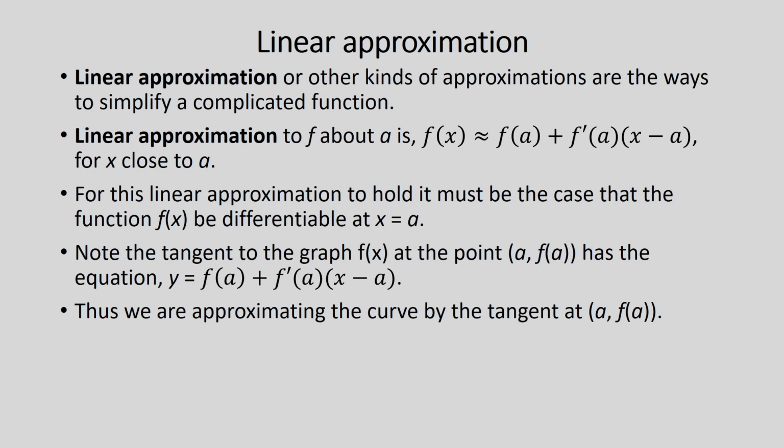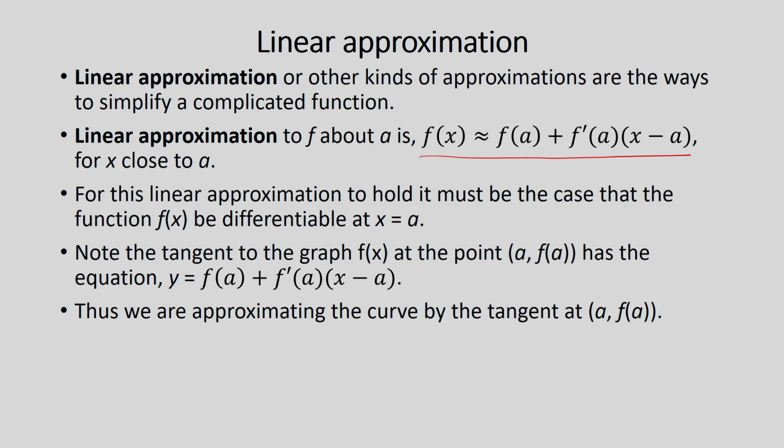The linear approximation of f about a, where a is a particular value of the independent variable, is given by this: f(x) is approximately equal to f of a plus f prime of a multiplied by x minus a.